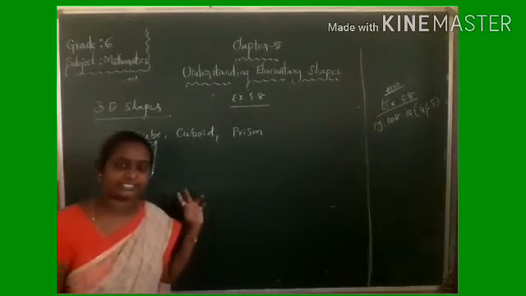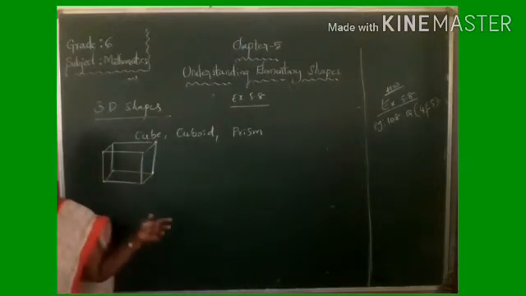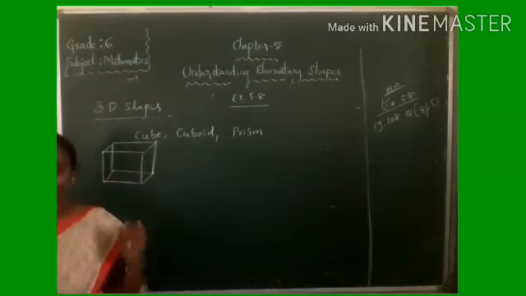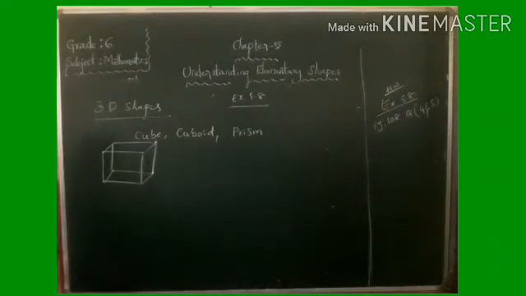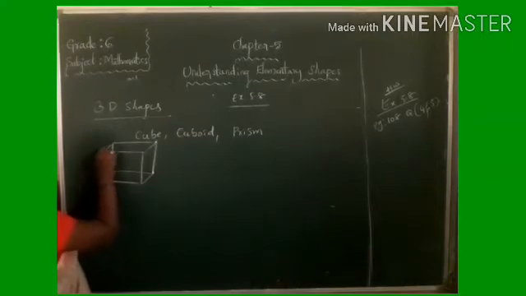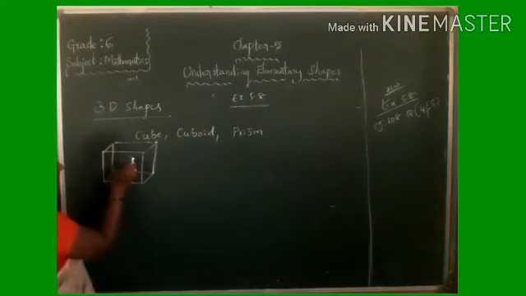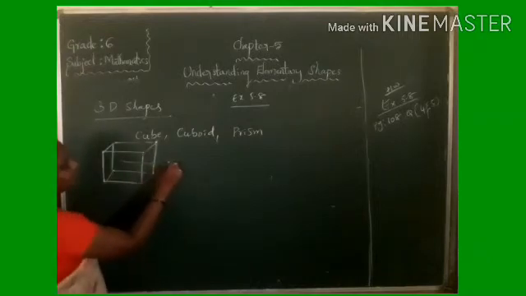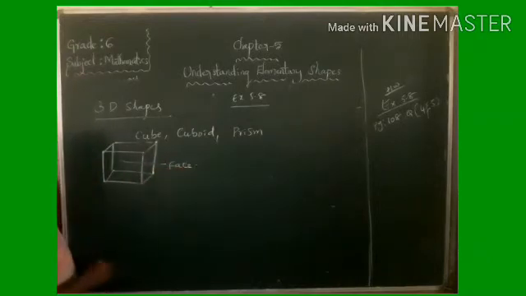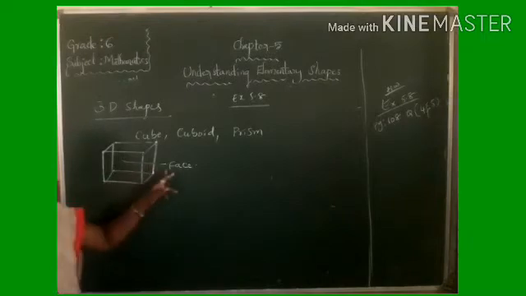How many edges does it have? First of all, you have to know what is a face, what is a vertex, what is an edge. So face means each side of a cube has a flat surface. This flat surface is called a face.